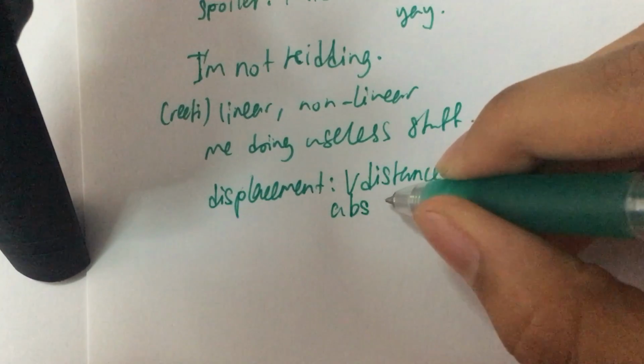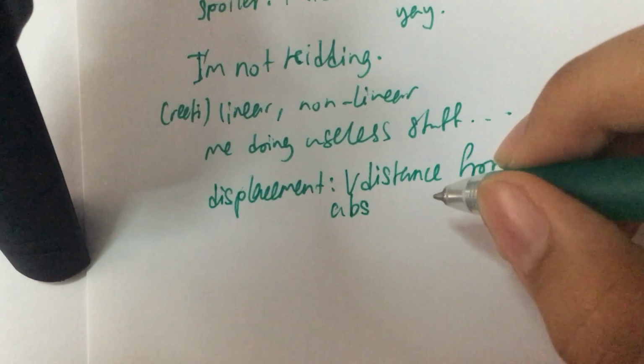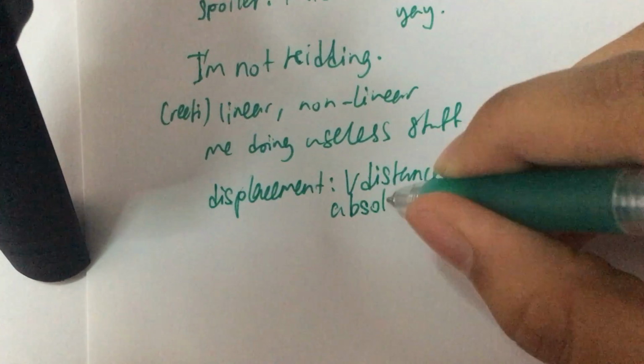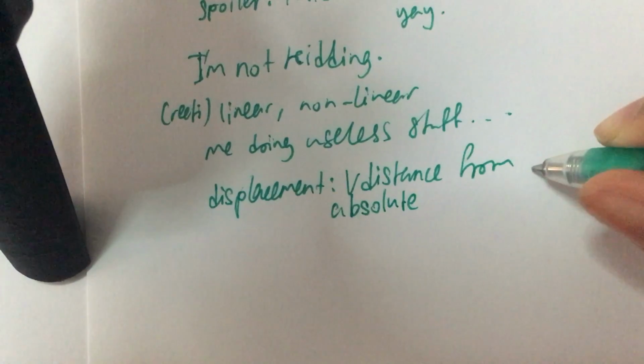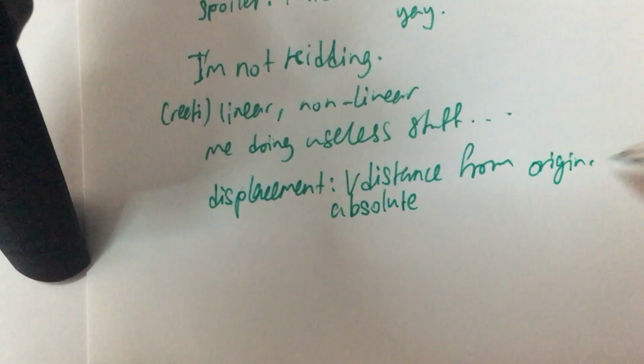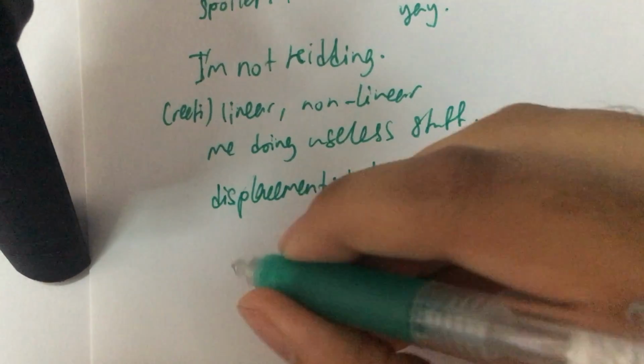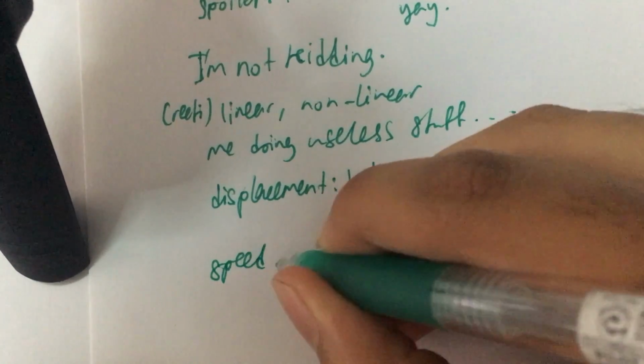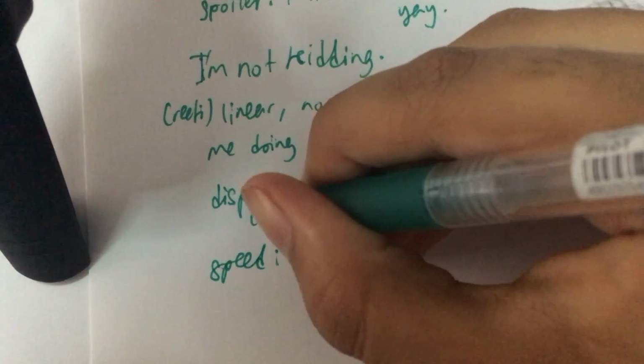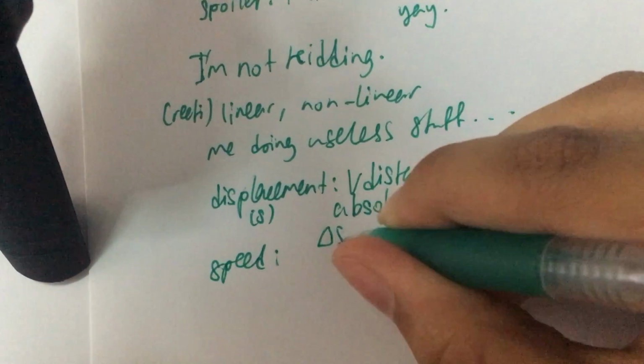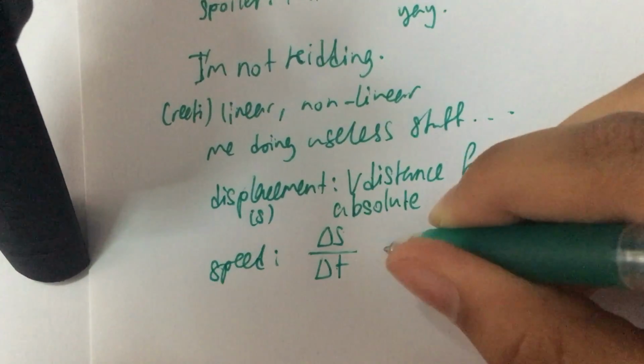Speed is the amount of distance that you cover over the amount of time that you take to cover it. That's the average. If you use instantaneous speed, you can use differentiation to find it, which would be something like dx over dt.